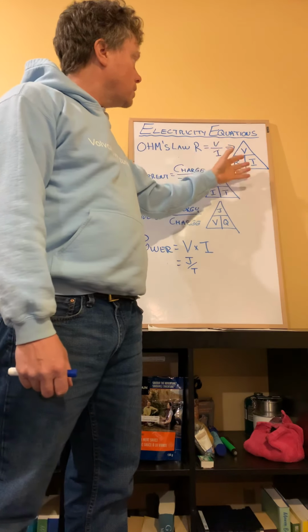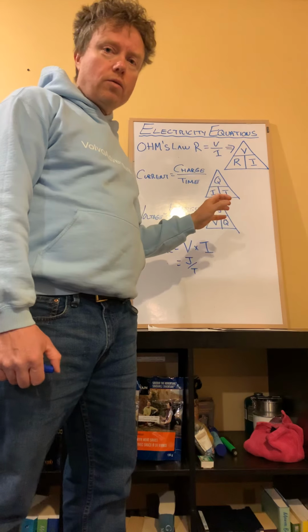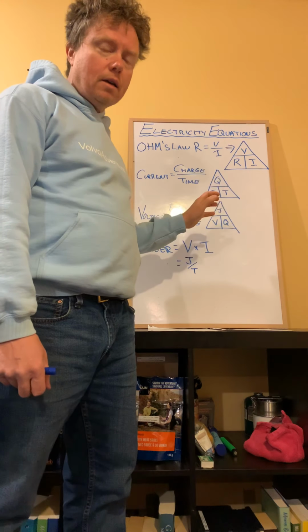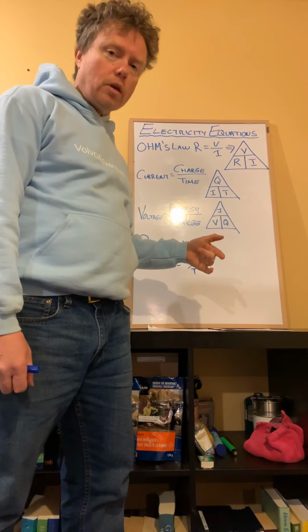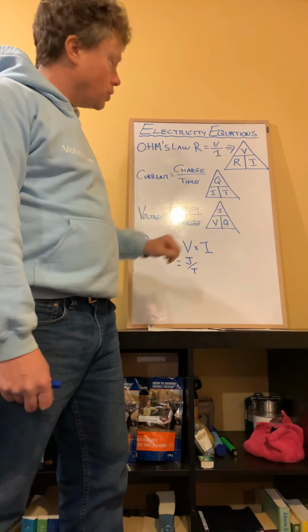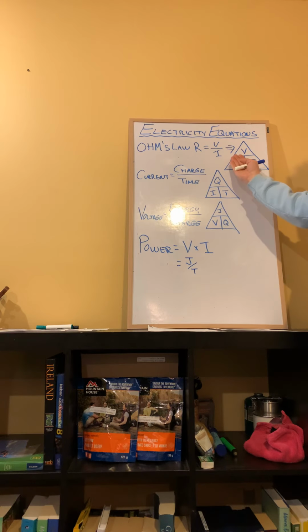If you place all three variables in a triangular arrangement, it's a helpful guide to solve any one variable so long as you know the other two. That's how all the triangles will work. For instance, if you're ever given voltage and current and you're asked to find resistance, you would cover up resistance, and it's going to be voltage divided by current.